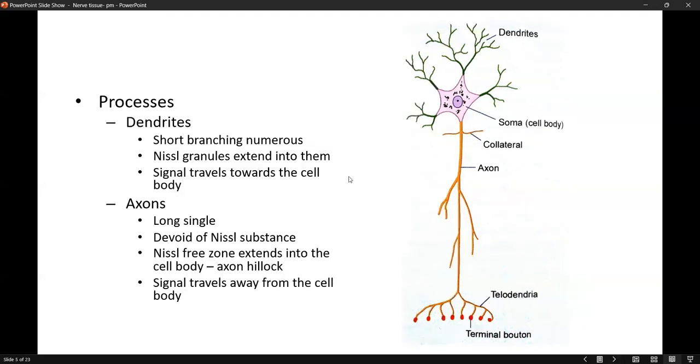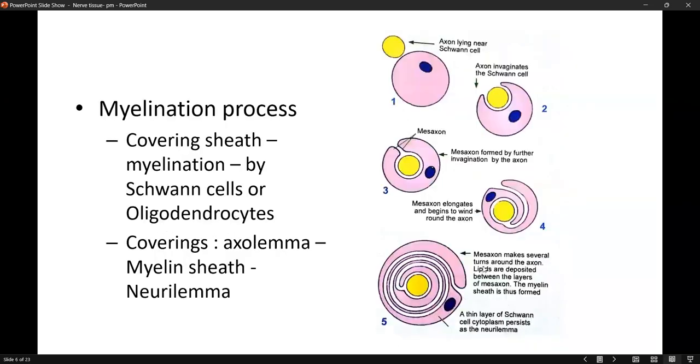The processes, as I mentioned, can be the short ones, which we call dendrites, and a long one, which is called the axon. Generally, a neuron will have one axon only, whereas the number of dendrites can depend upon the type of neuron.